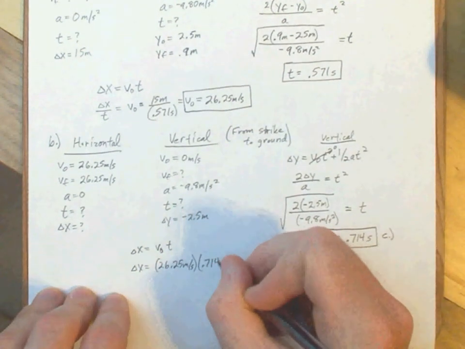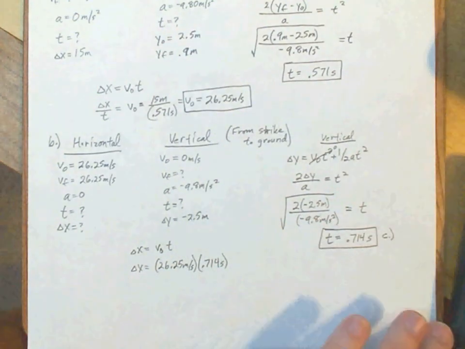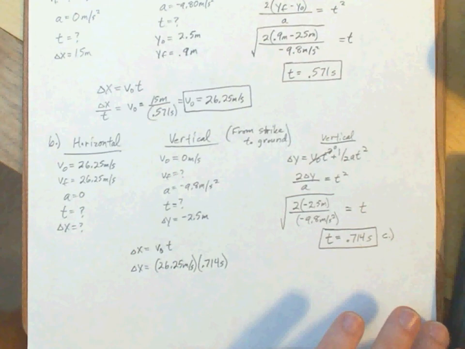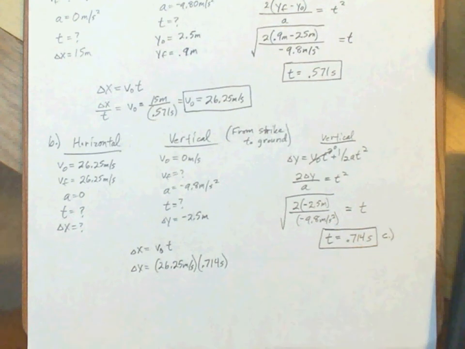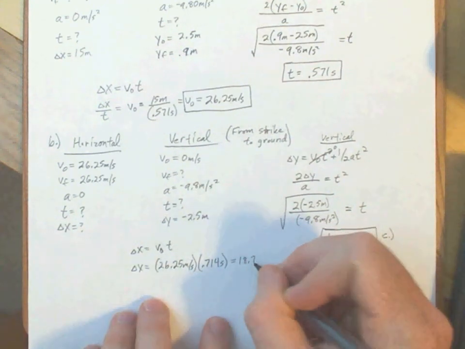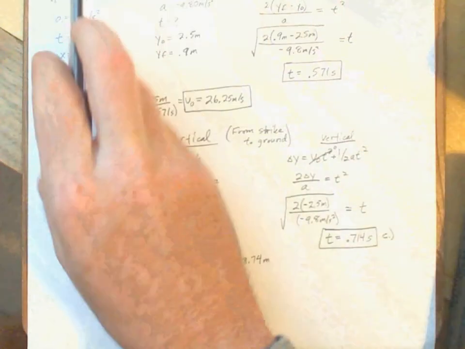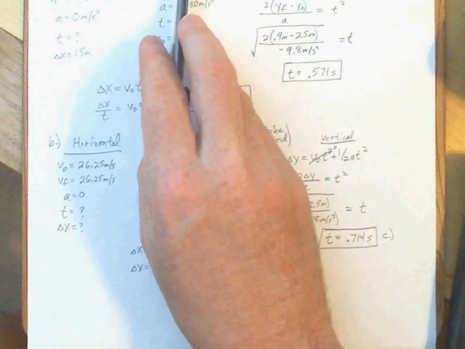I multiply those two, 26.25 times 0.714 seconds, and I get 18.74 meters. 15 of those meters are getting to the net, so then I've got another 3.74 meters.